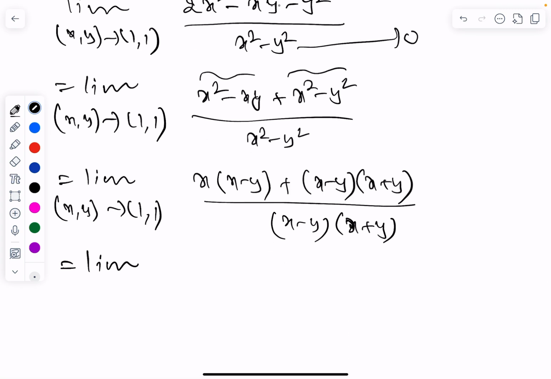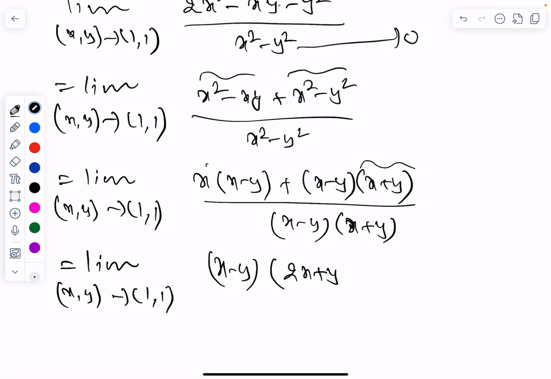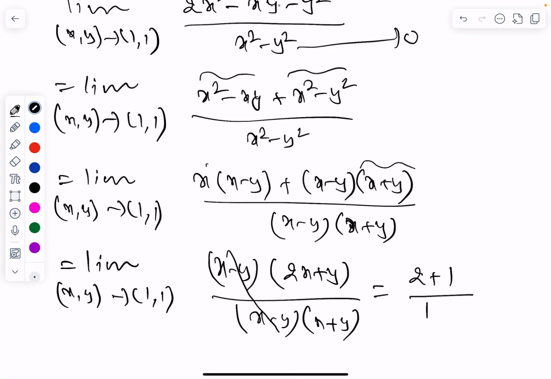This is equal to limit xy tends to 1, 1, in one bracket x minus y, in another bracket x plus x plus y, so that is 2x plus y. These two cancel, x and y both 1. So the answer is 3 by 2.